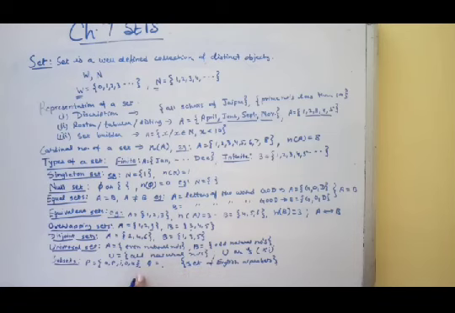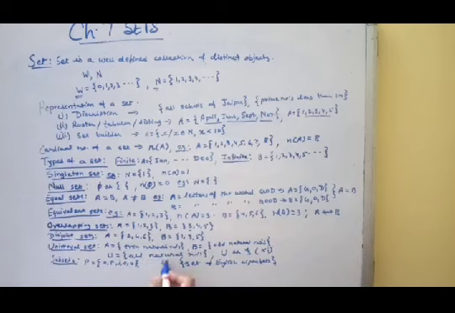So all the elements of P are also the elements of Q. So we call P a subset of Q, and it is denoted using this sign. P is a subset of Q and thus Q is said to be a superset of P. Note that every set is a subset of itself and the null set is also a subset of every set.